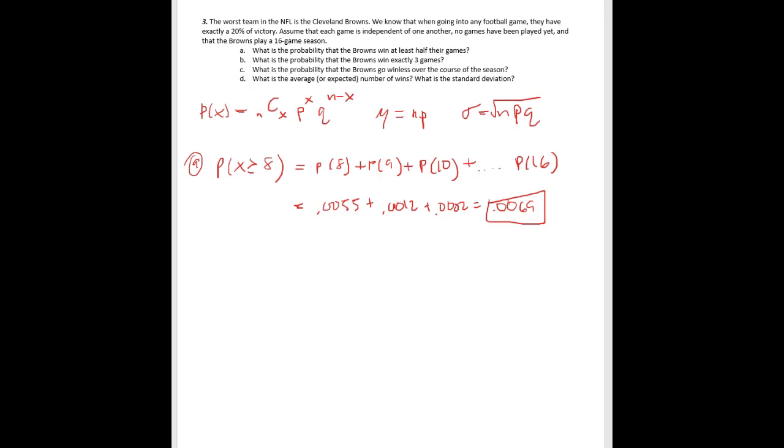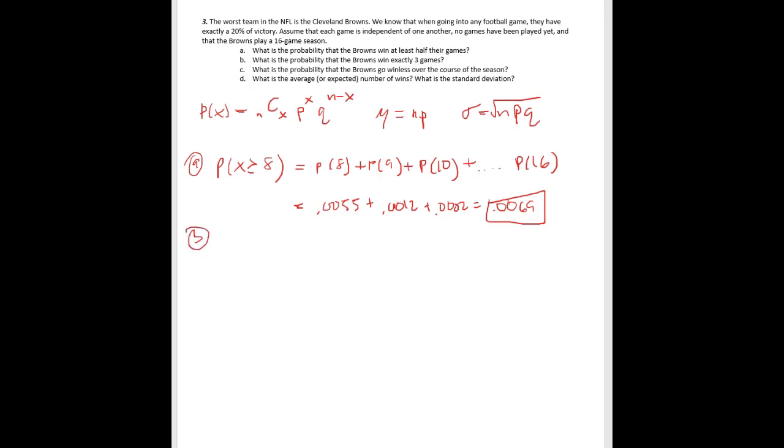It's just a lot easier to grade when everything is in the same format, in decimal form. We take this to 4 decimal places because that's what we have in the chart. This is what we would expect. If they have a 20% chance to win any game, we wouldn't think it would be very likely that they would win half of their games. That makes a lot of sense. That passes the sniff test.